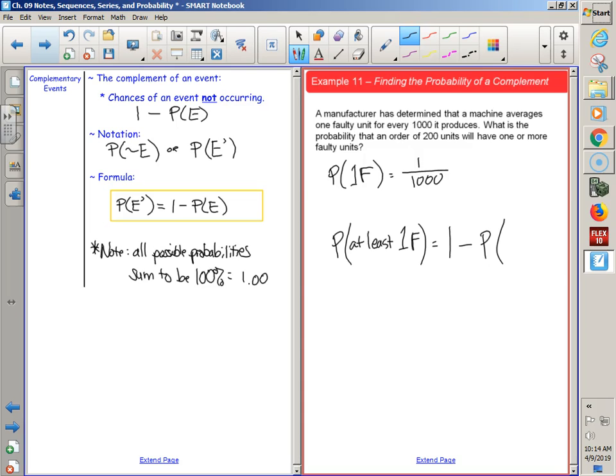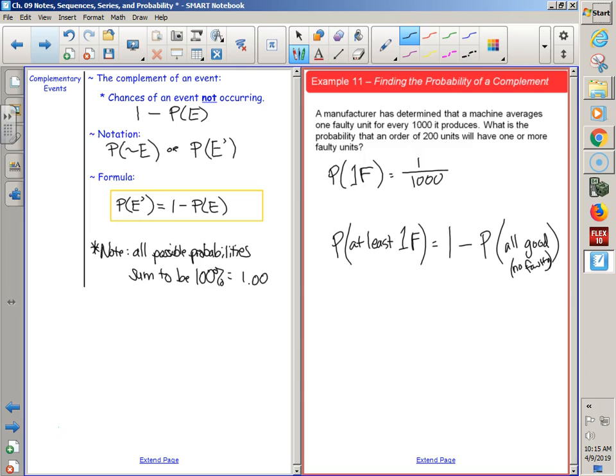All good ones, or no faulty ones, right? So to figure out the probability of at least 1 faulty, just say 100%, take away the none, take away the opposite, which would be all good, or no faulty.